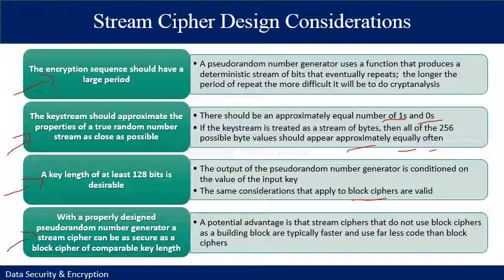However, either type of cipher can be used virtually with any application. In this lecture, we will look at the stream ciphers that use pseudo-random number generators designed specifically for stream ciphers.